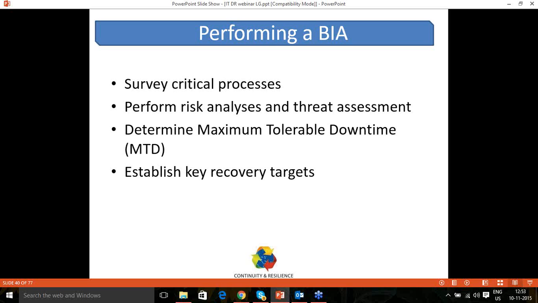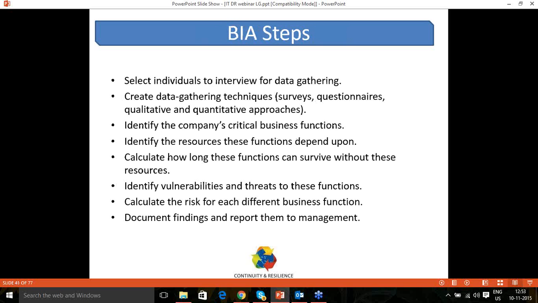So you need to select individuals from different departments. Every critical function must have participation in BIA. Go and talk to their HODs, and they can recruit somebody senior in the function who understands that function, and you can go through the BIA steps with them by way of surveys, questionnaires, qualitative and quantitative approaches. There are many ways to conduct the BIA.